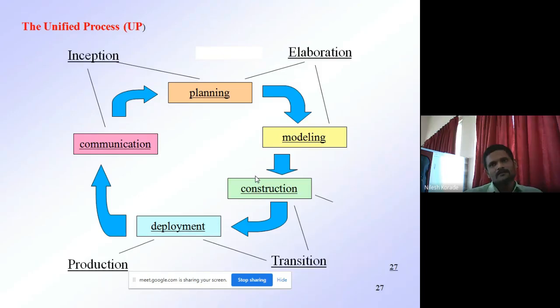These phases continue until we get our final product, that is the production phase. In the production phase, we will get our final product and finally deploy it at the customer side. So these are the phases in the unified process: inception, elaboration, construction, transition and production.